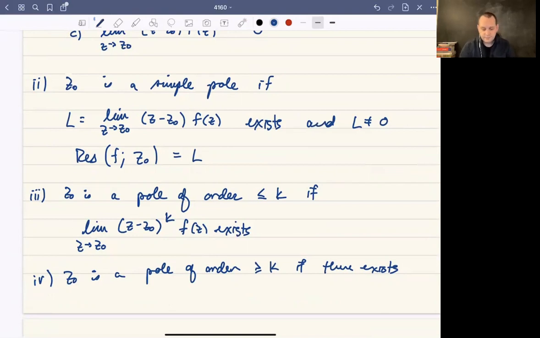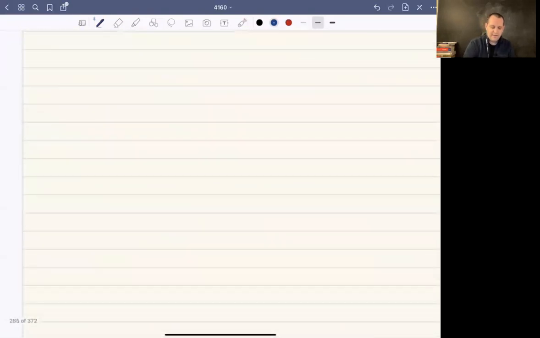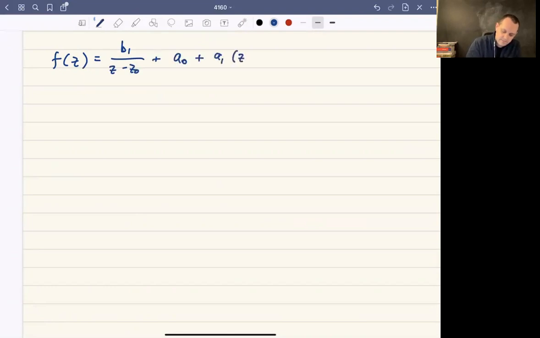Here's the idea. Let's say that we have a function f, and we have a Laurent series. Let's say that it has a simple pole at z naught. What that means is that you can write f as b1 over z minus z naught plus all the a terms, and so on. Now, let's look at the limit of z minus z naught times f of z as z approaches z naught.